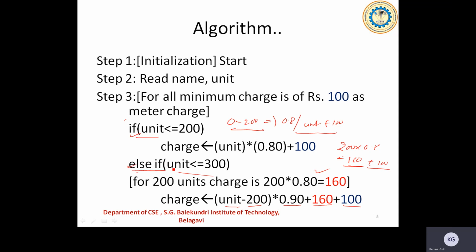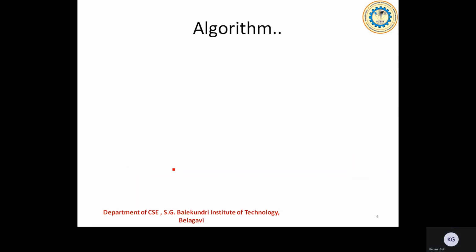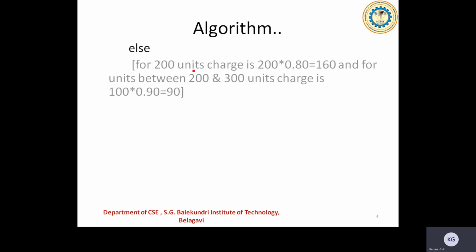The false condition of 200 to 300 is more than 300 units, that is the false condition of the else if here. So in this case, the range that is given for us is more than 300, so I'll write it as unit more than 300.